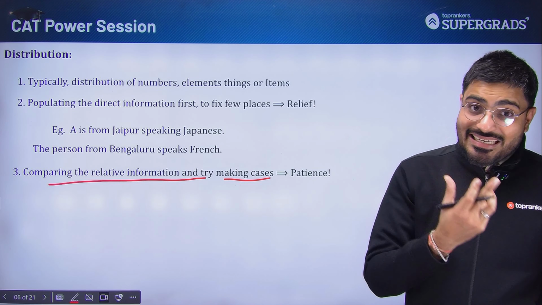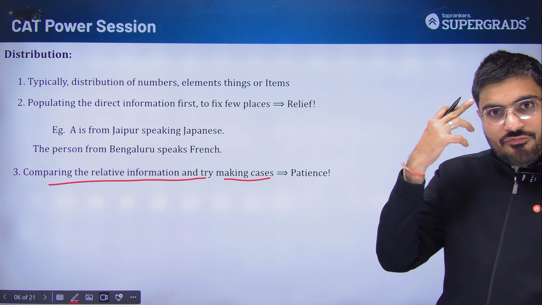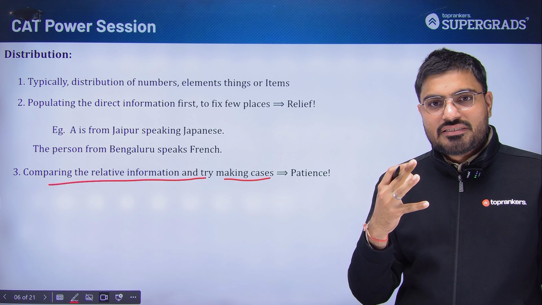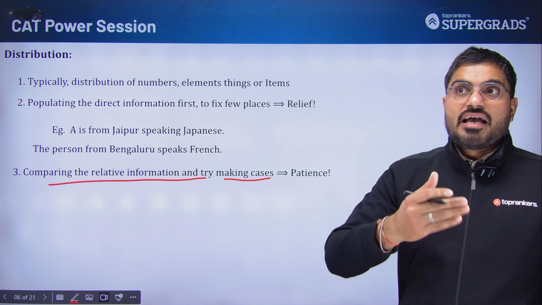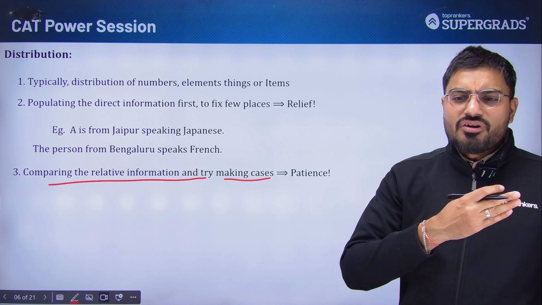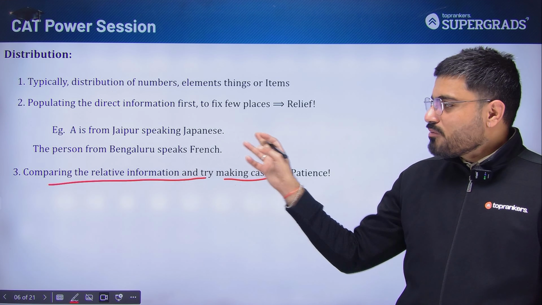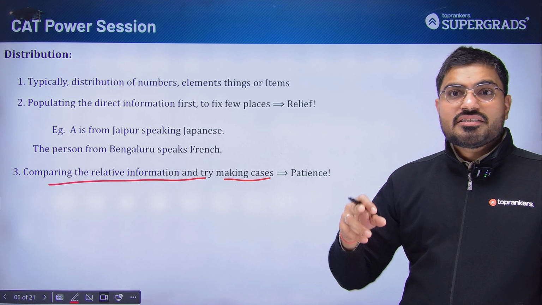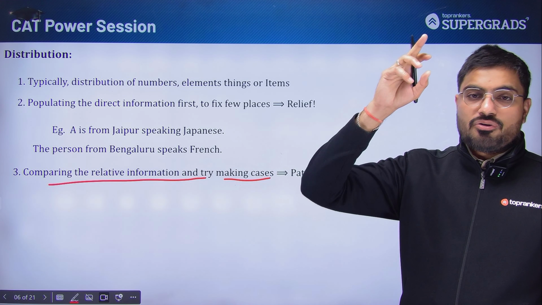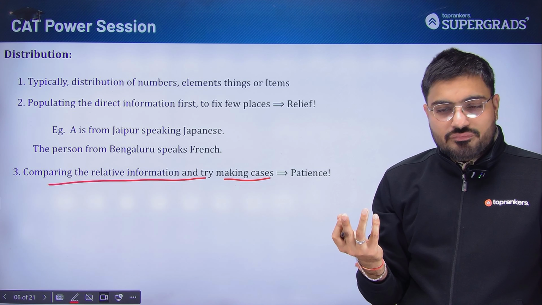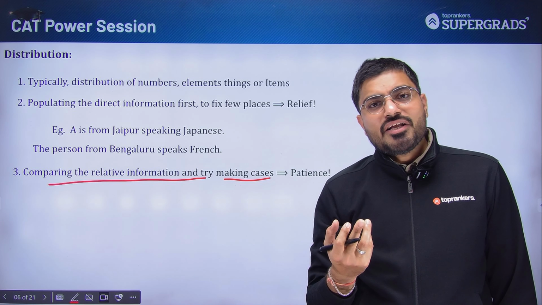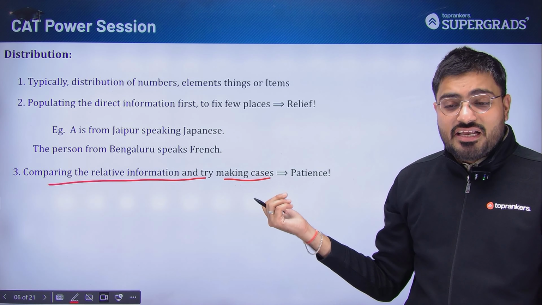To understand this level of your mental calmness, they try to puzzle you with the information, and the information is relative. It is not directly mentioned that A is from Jaipur. It will be mentioned as the person from Jaipur. So it is dependent on someone else, that is why it is called relative information.